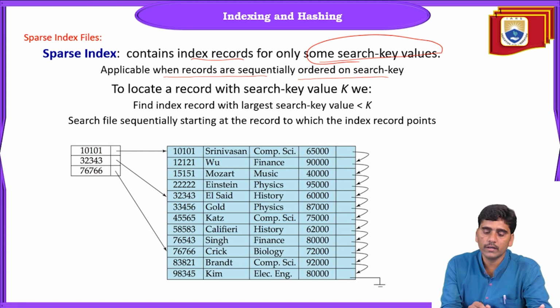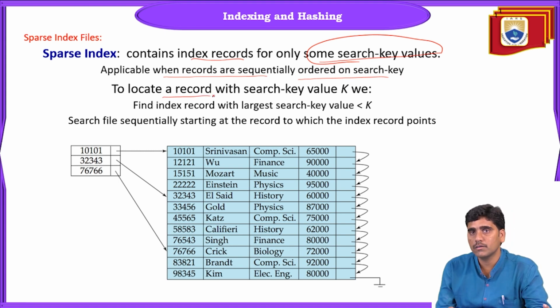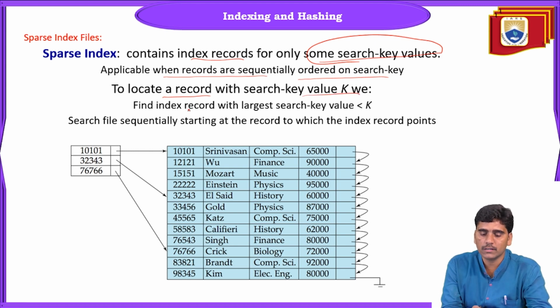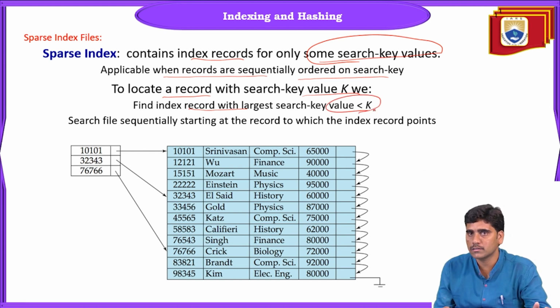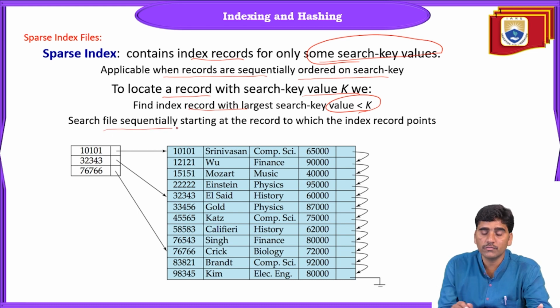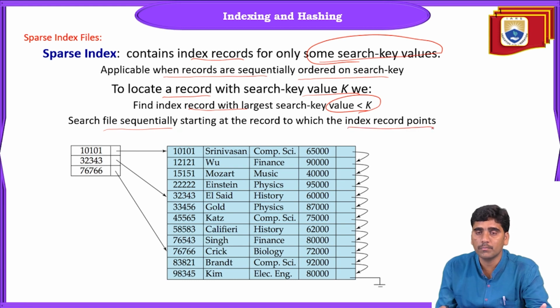Here, to locate a record with search key value k, we have to find the index record with the largest search key value less than k. Then search the file sequentially, starting at the record to which the index record points.